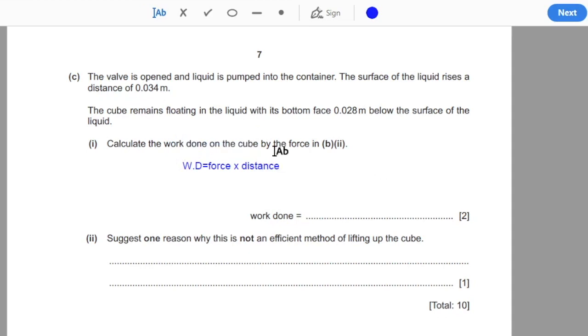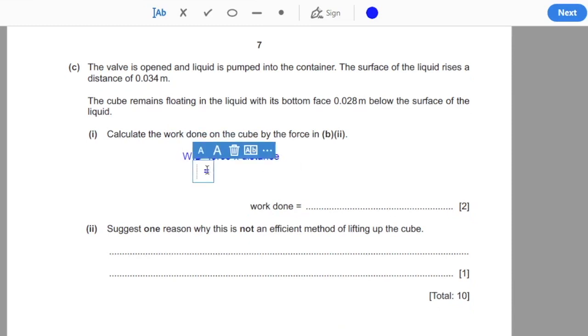They say that you have to calculate the work done by the force in part B2. 0.67, and the distance it traveled in the direction of the force is 0.034, which they mentioned on the top, and your answer will be 0.023 joules.